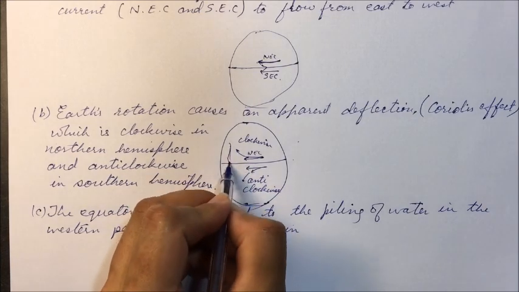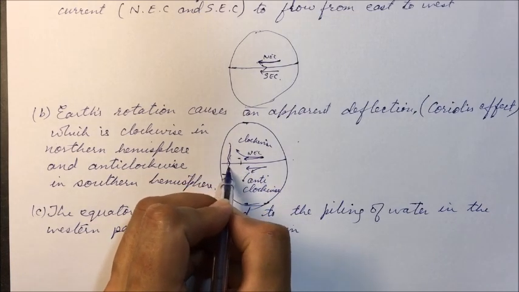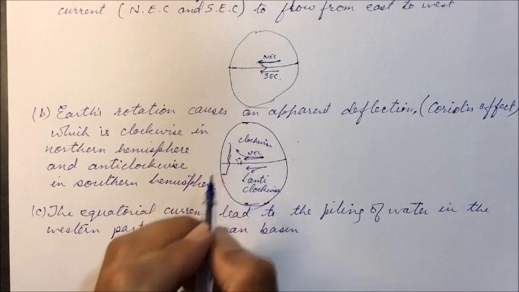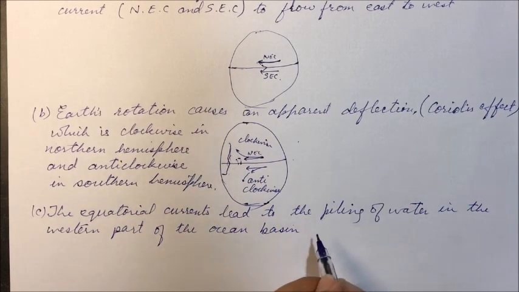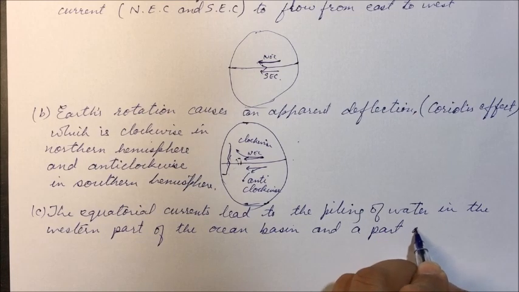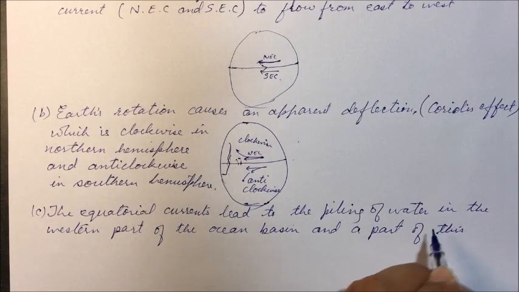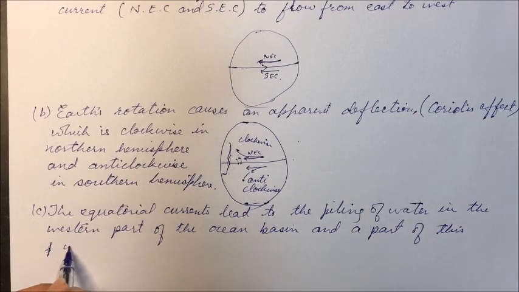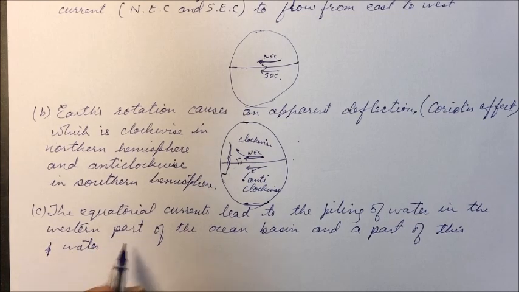So if this is land here, water gets piled here in this part of the ocean basin, and a part of this water and a part of this water moves back.